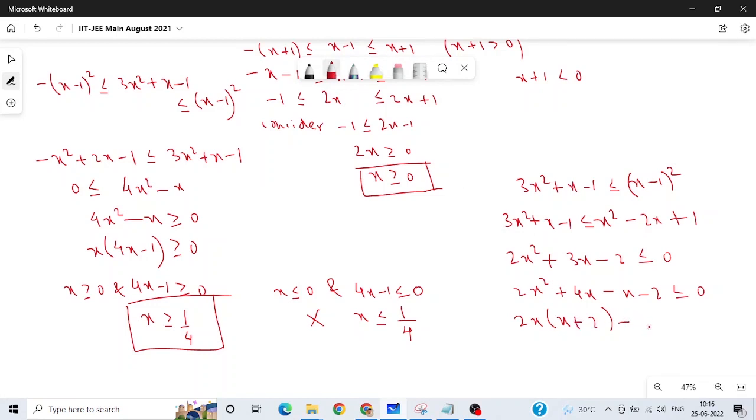Then we are taking −1 common and we are left with x + 2 again, and this is ≤ 0. Then it becomes (2x − 1)(x + 2) ≤ 0.